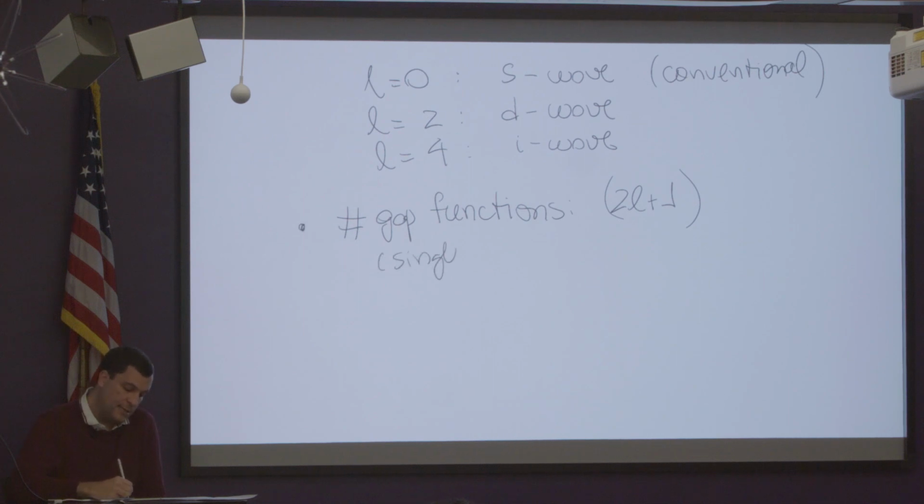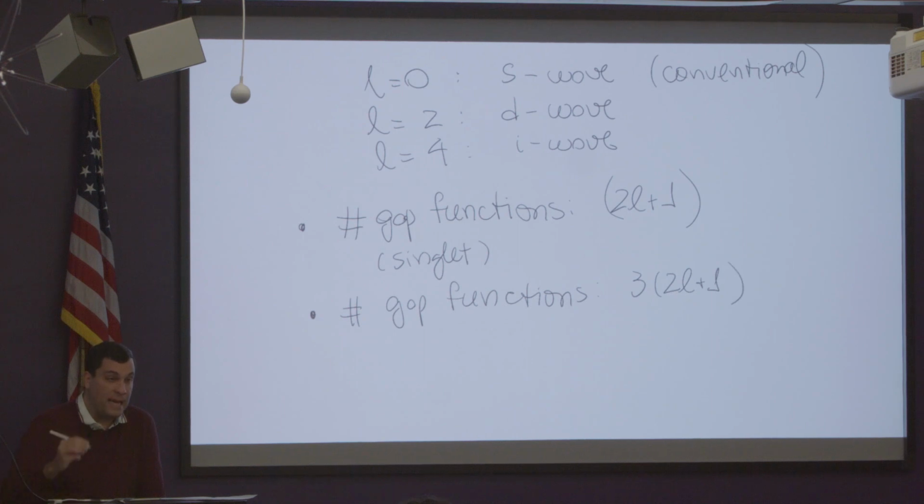If you did the same exercise for triplet, then you multiply by 3 because remember I had those 3 from before. So you get 3 times 2L plus 1. Again, this is the number of gap functions. The number of free parameters you still multiply by 2 because this is complex. So you see the only gap function that is not multi-component is S wave. Everything else will have more than one component.